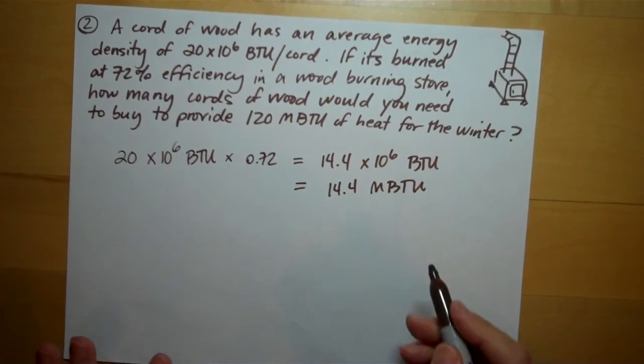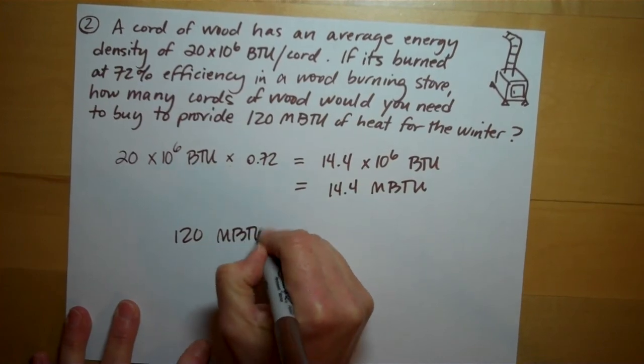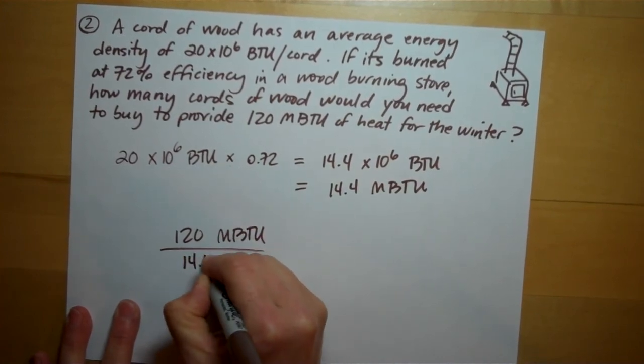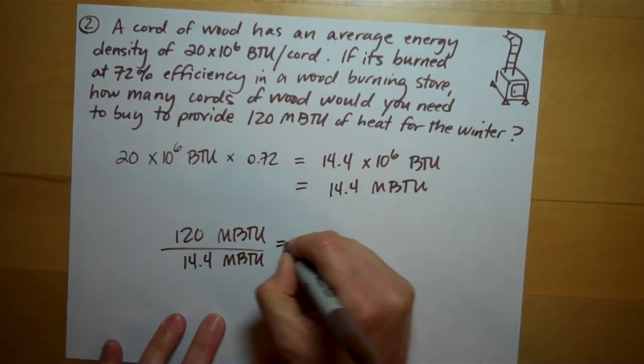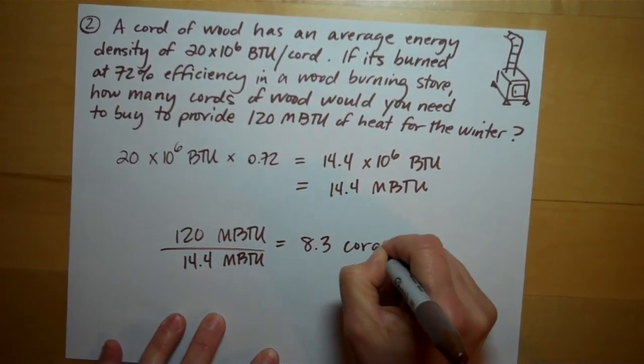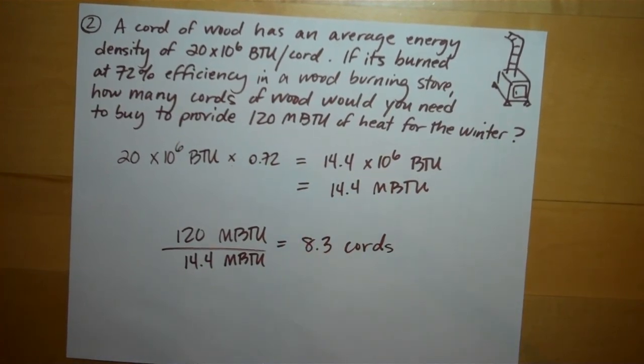And same ratio, 120 mega BTUs needed in the home, 14.4 mega BTUs from that cord of wood. You're going to need to buy 8.3 cords of wood for the winter in order to heat your home. All right, that's capacity factor and efficiency.